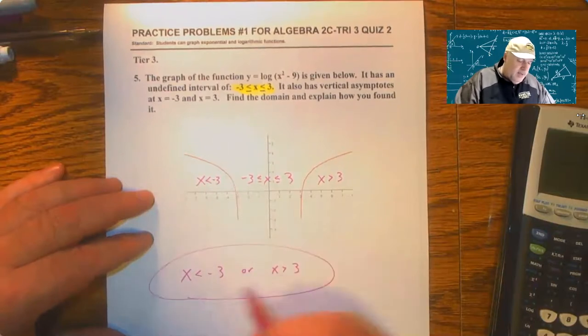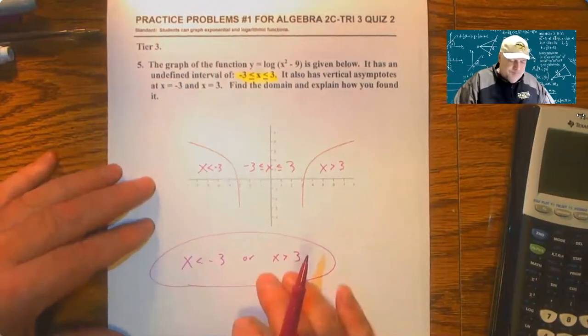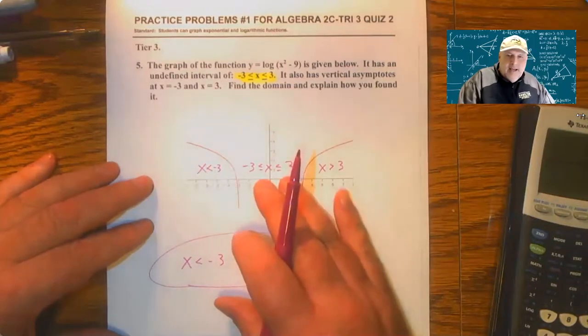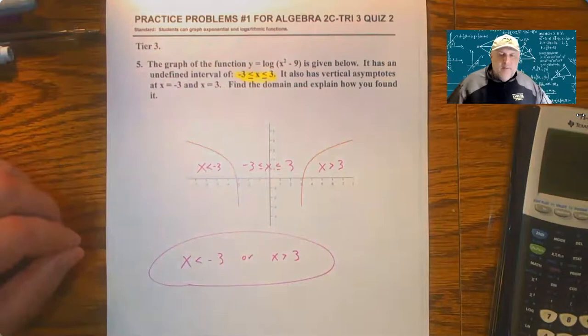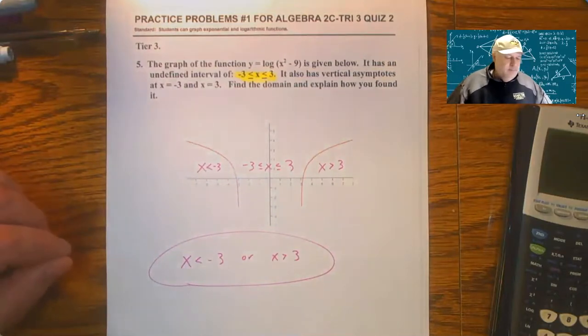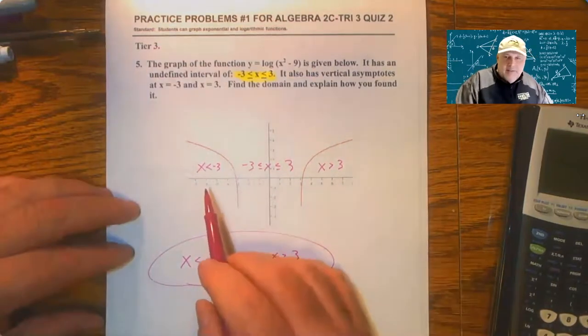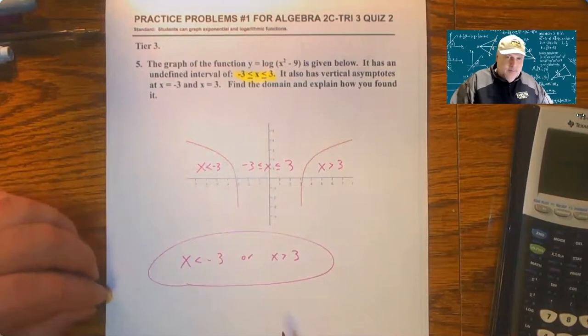So if I say we have this, then that's the opposite. Okay, so whatever you don't have, that's what you're answering. So greater than 3, less than negative 3 are the two.